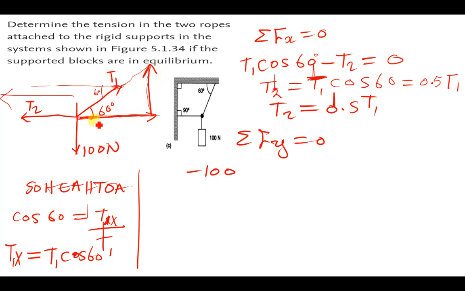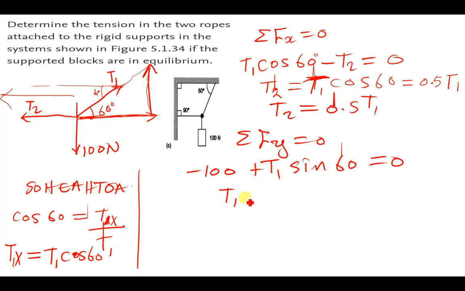Since the X component was T1 cos 60, the Y component will be, in the positive of the Y, positive T1 sine 60. Then we say this is equal to 0, because these are the only forces that we have in the Y. So we can make T1 the subject.